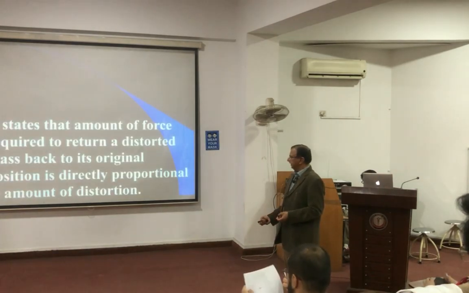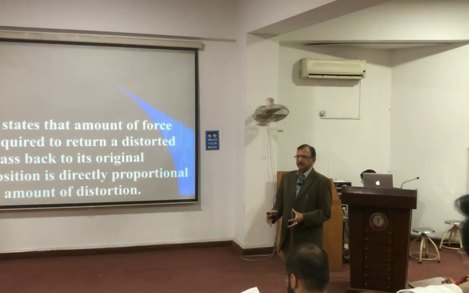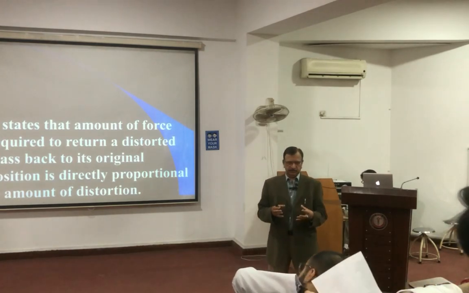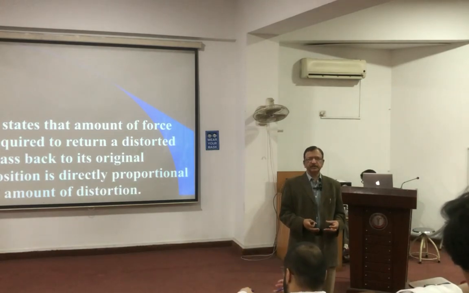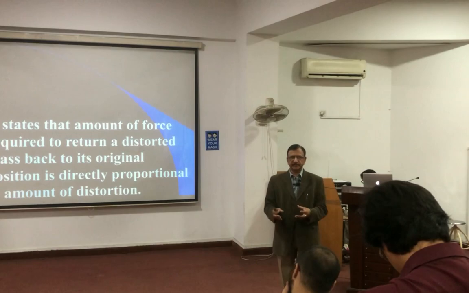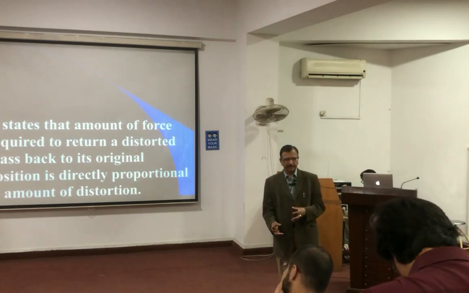And we know that the amount of energy required to distort is exactly proportional to the amount of distortion. That is, distortion is directly proportional to the amount of energy.